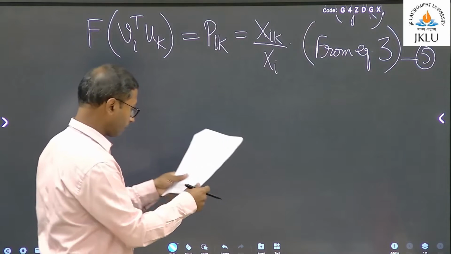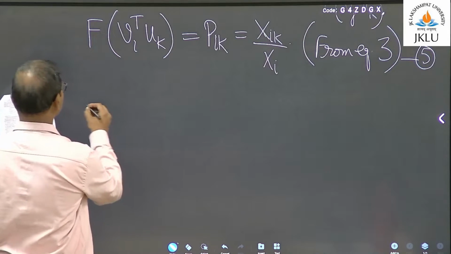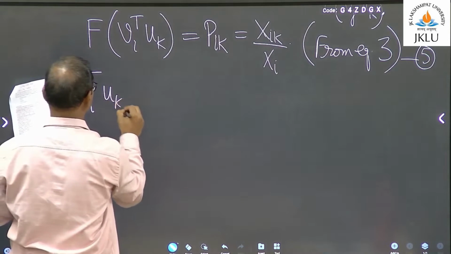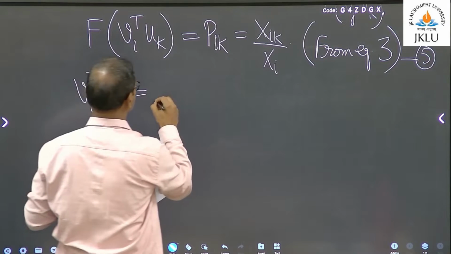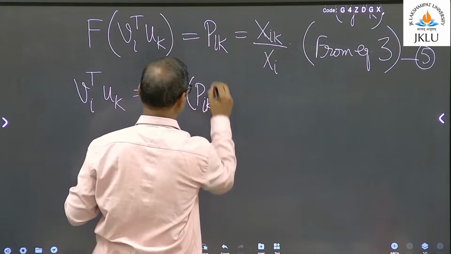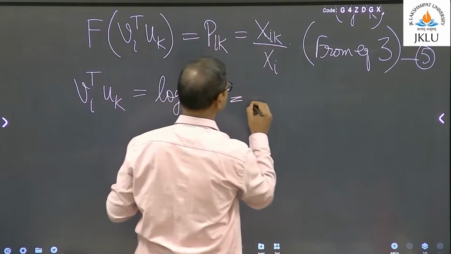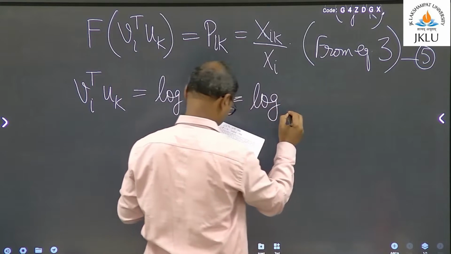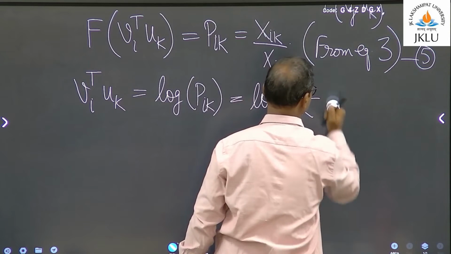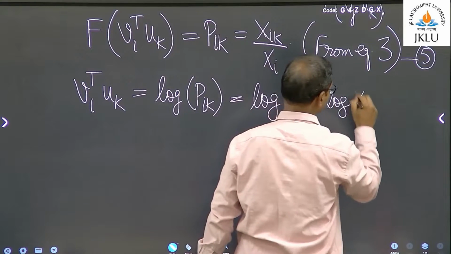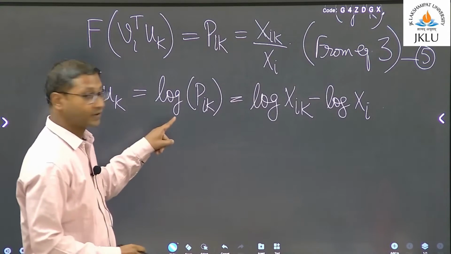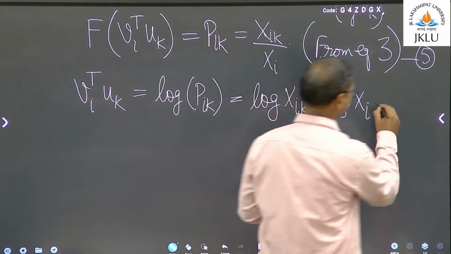Now can I write Vi transpose Uk gives me log of Pik, and that basically gives me log of Xik minus log of Xi. This is fine, and this is equation 6 in the paper.